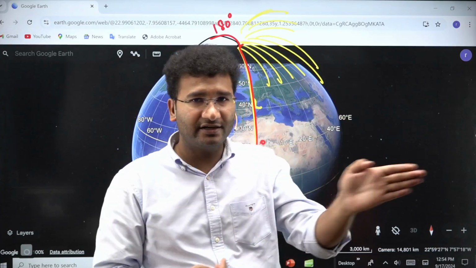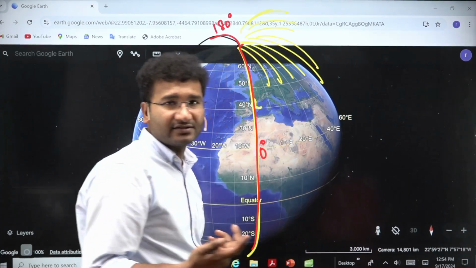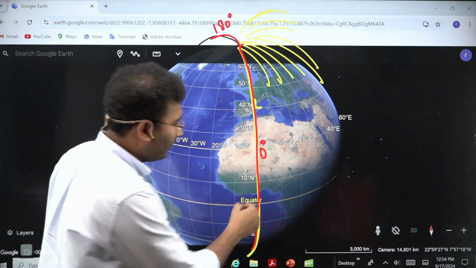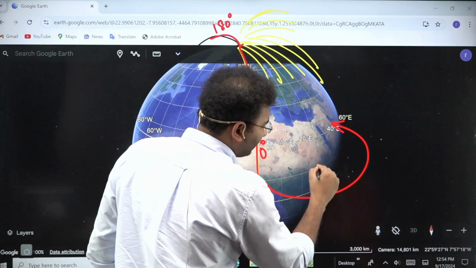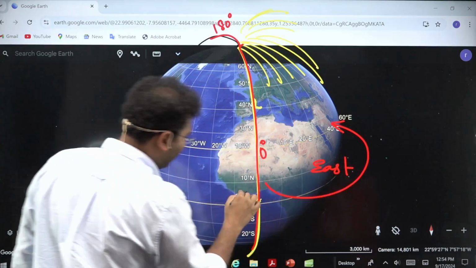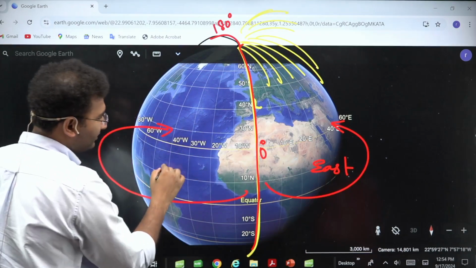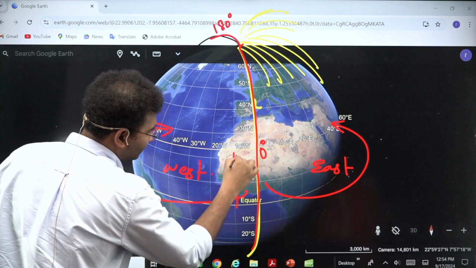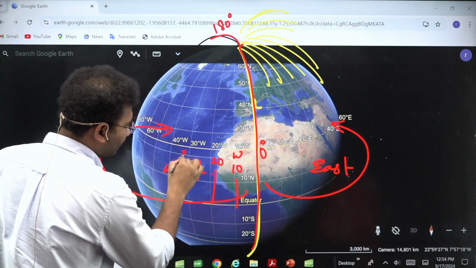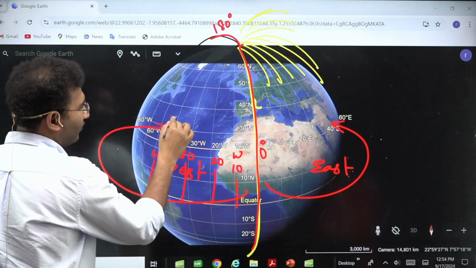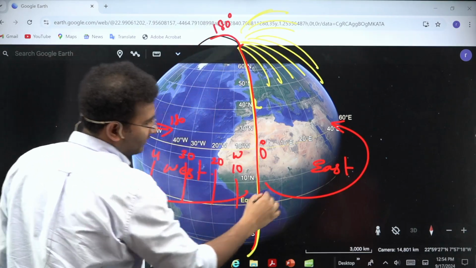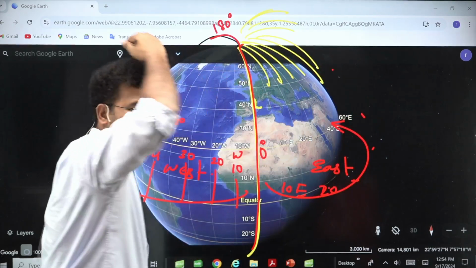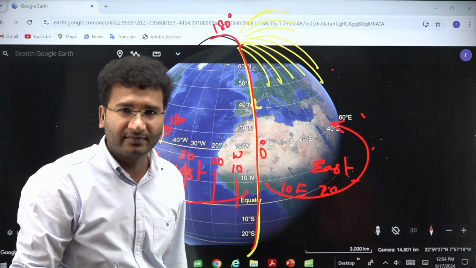It is 180 degrees. Similarly, the earth's opposite side is 180 degrees. Now all these longitudes we call eastern longitudes, and all these longitudes going from the other side are called western longitudes. Here 10 degrees west, 20 degrees west, 30, 40, like that 180 west is present here. Like that 10 degrees east, 20 east, 30, 40, 50, 60, 70, 80, like that 180 east will be there, right?